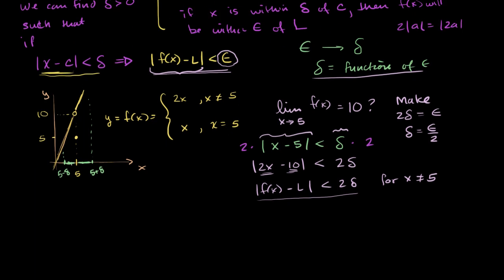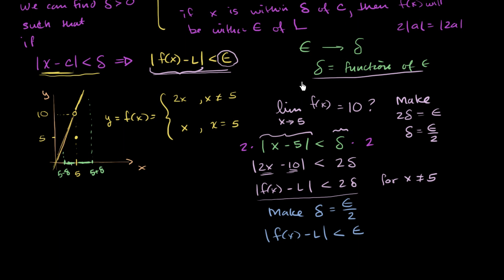So if you make delta equal epsilon over 2, then this statement becomes the absolute value of f of x minus L is less than, instead of 2 delta, 2 times epsilon over 2, which is going to be less than epsilon. So this is the key.